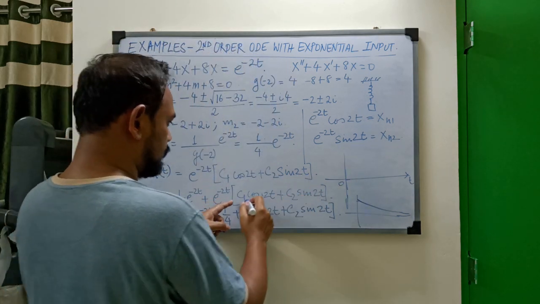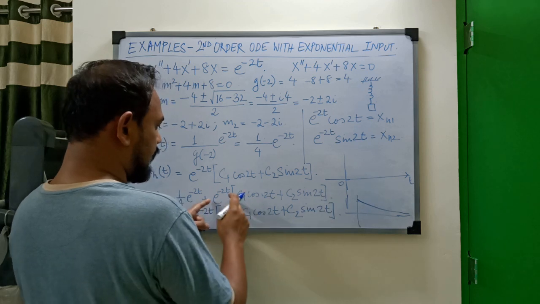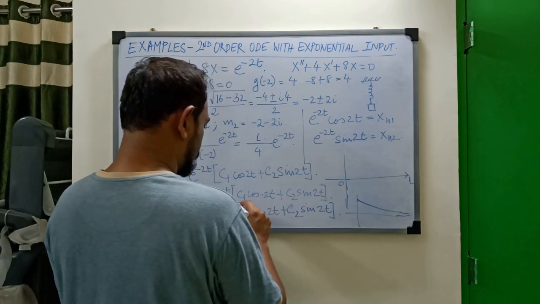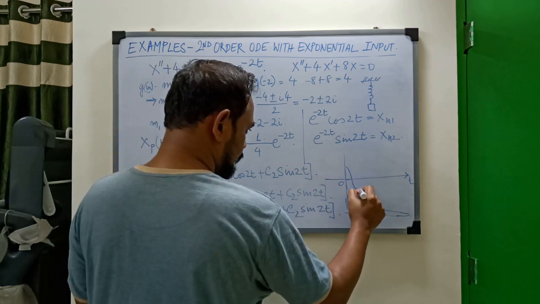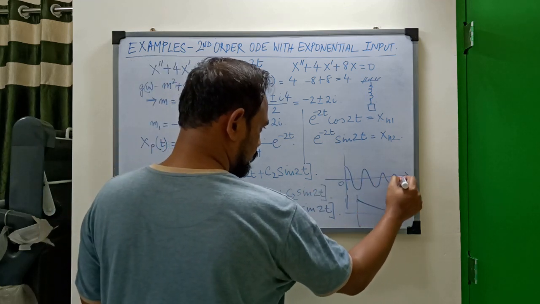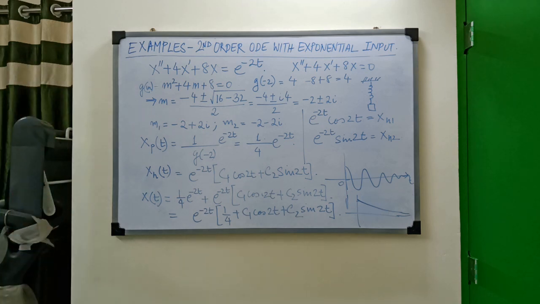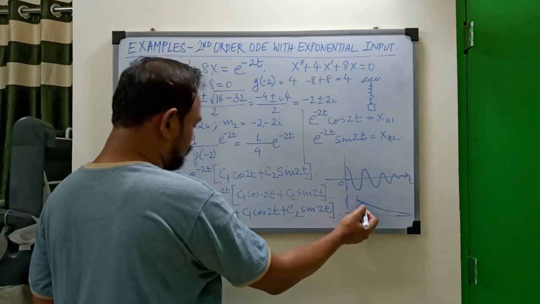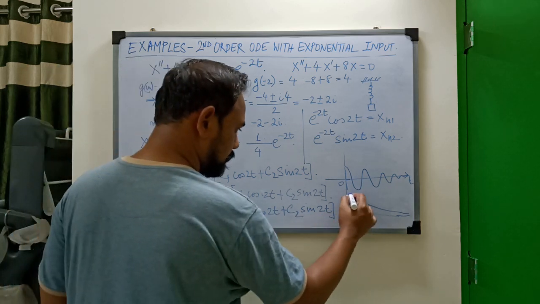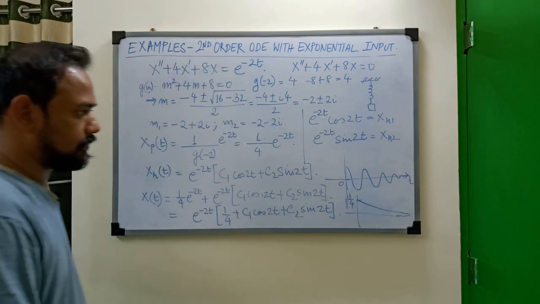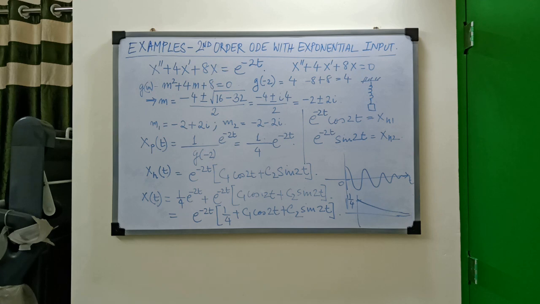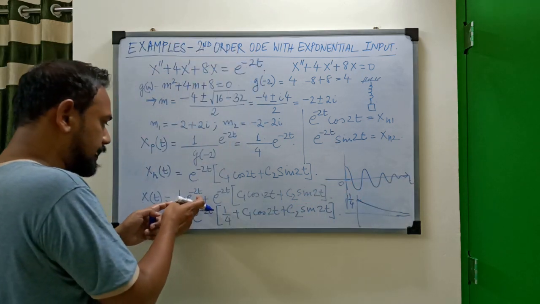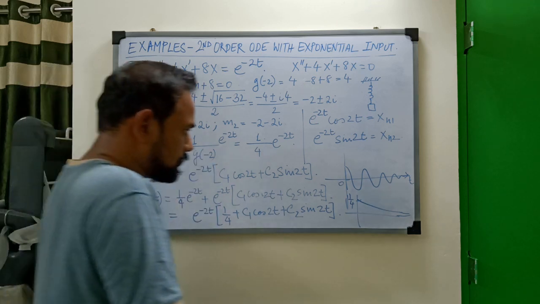This one has a decaying amplitude, so it starts off at some point and it's just going to be like this. And this is added by another decaying factor, which sort of looks like this. It starts at 1/4. So basically, this whole thing is shifted up by this function.